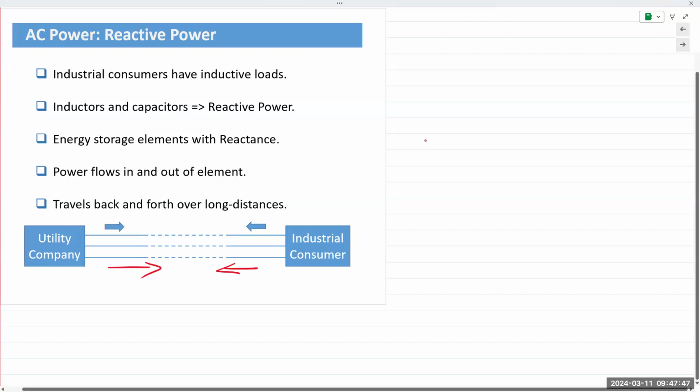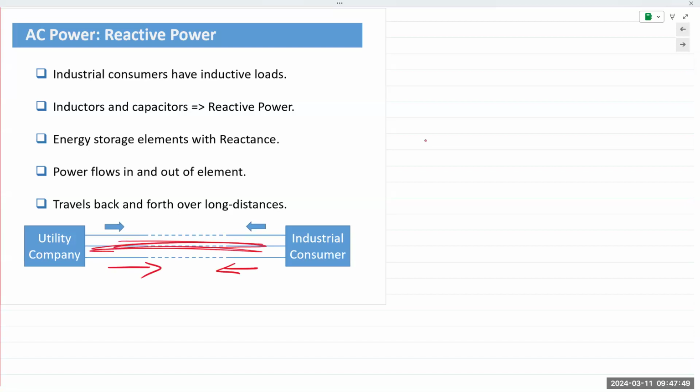It keeps transmitting back and forth constantly, and every time it travels, it loses a certain amount of power due to heat. Does that make sense? So industrial customers have to pay for real power as well as reactive power.